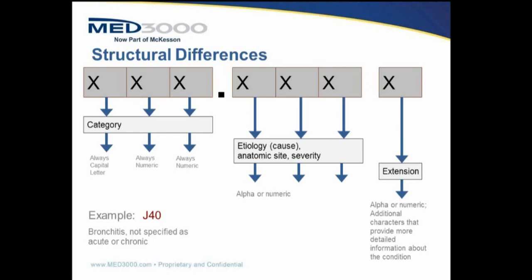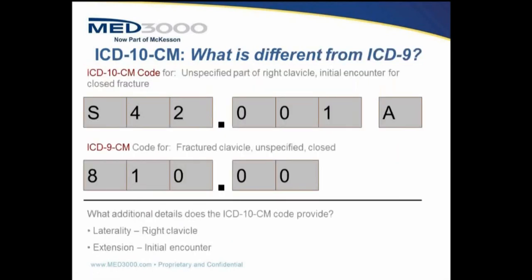So if we're looking at bronchitis that was not specified as acute or chronic, this would be like J40 in your ICD-10. If we're looking at the difference when we look at your specified codes, when you go with your orthopedic, you're going to have to know, is it an initial encounter?